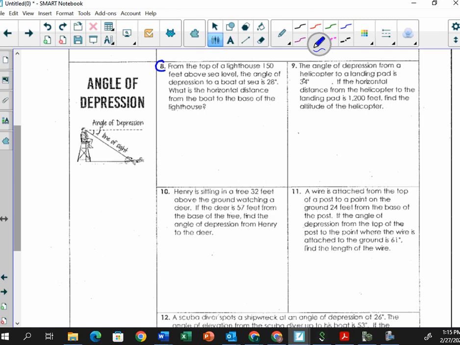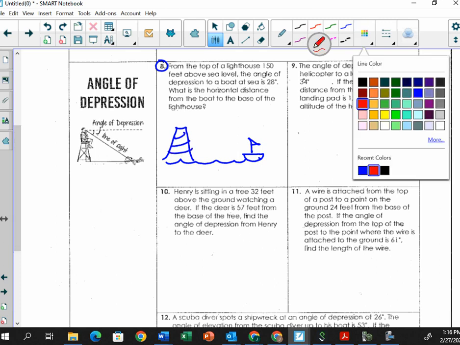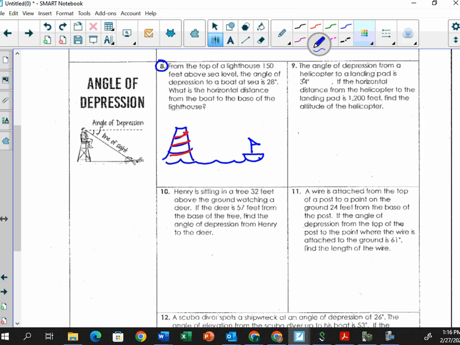All right, guys, number 8. We have a lighthouse and a boat.